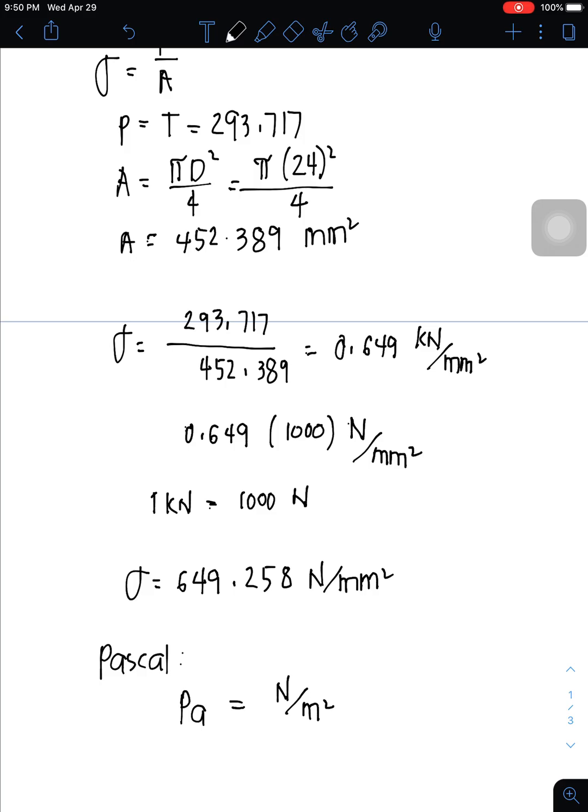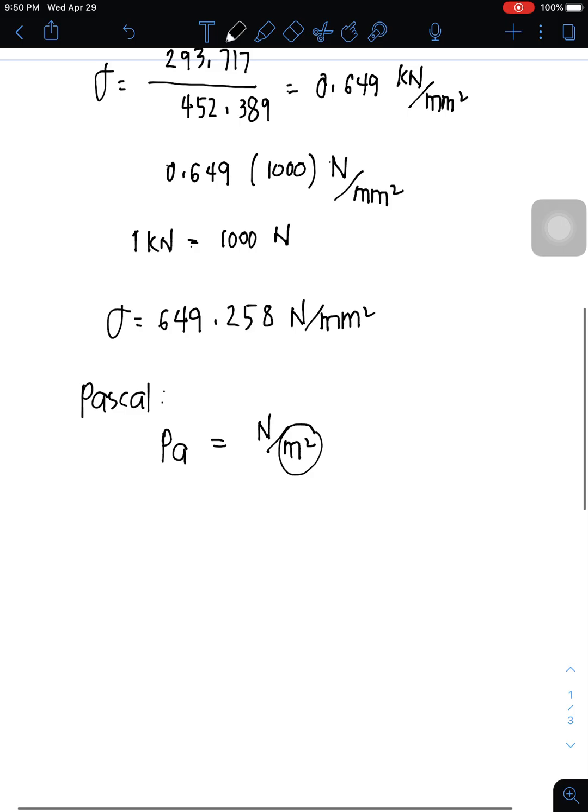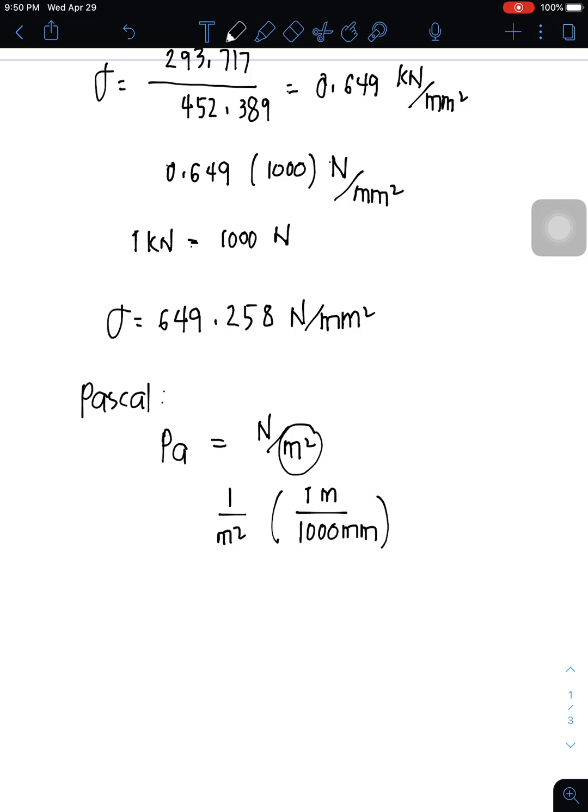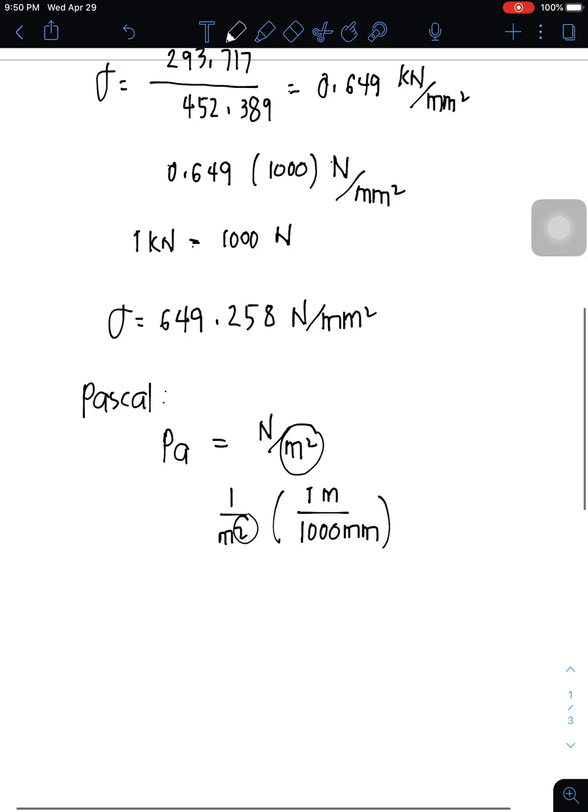Converting this square meter into mm, we have 1 over m squared. The conversion is 1 m equal to 1000 mm. Since it is squared, we also have to square this one.